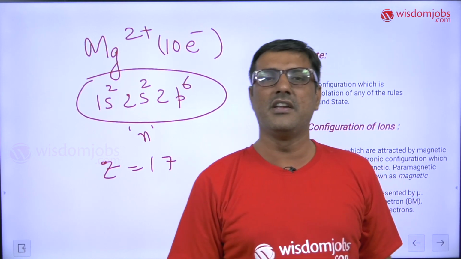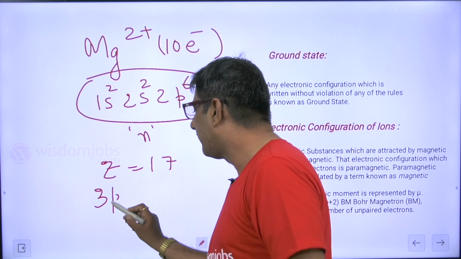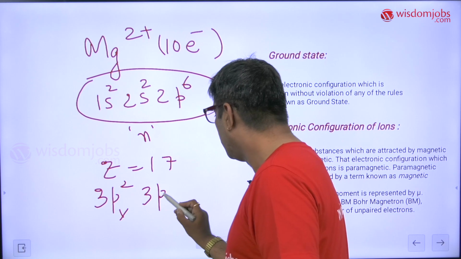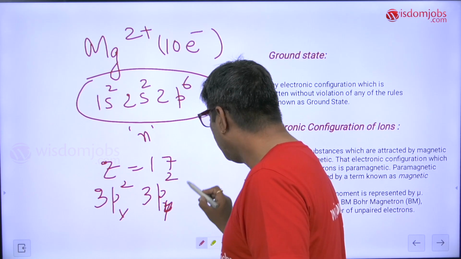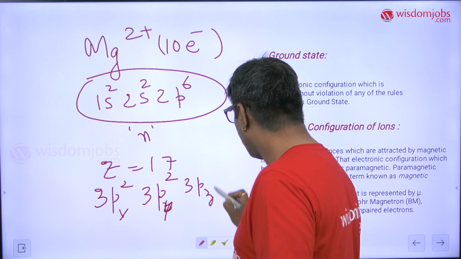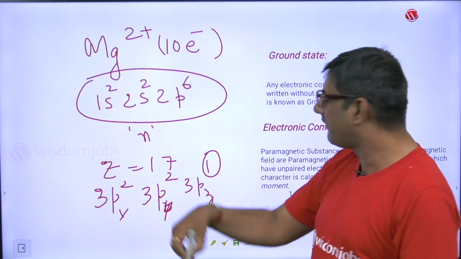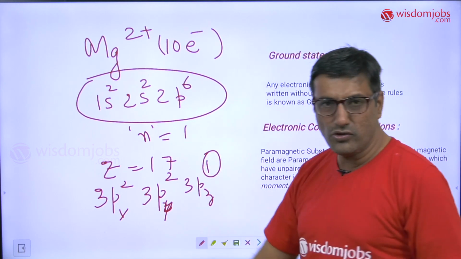If I write the 3p subshell electronic configuration, it is 3px2, 3py2, and 3pz1. Obviously, how many unpaired electrons are there? Only one unpaired electron. So for chlorine, n is equal to 1.